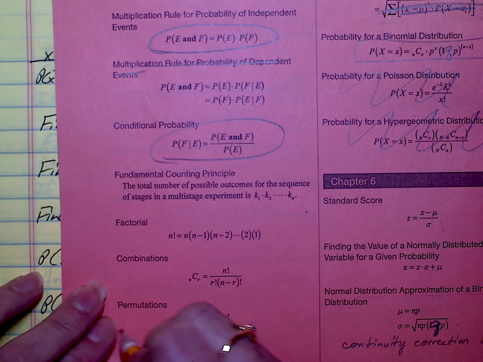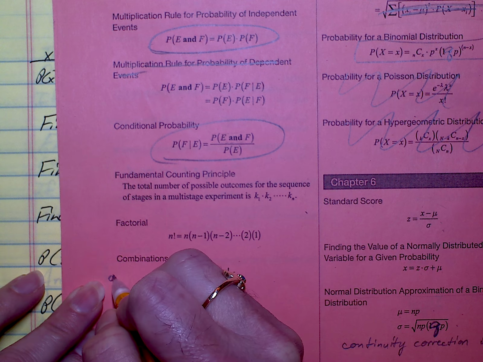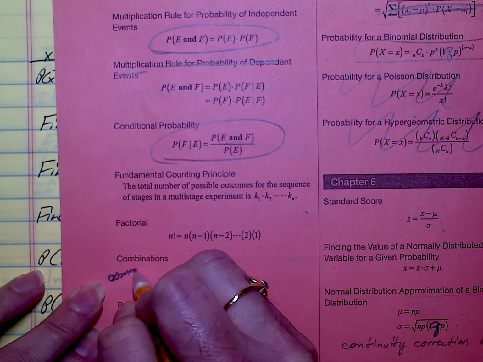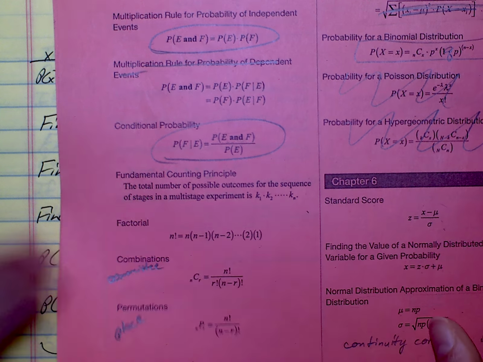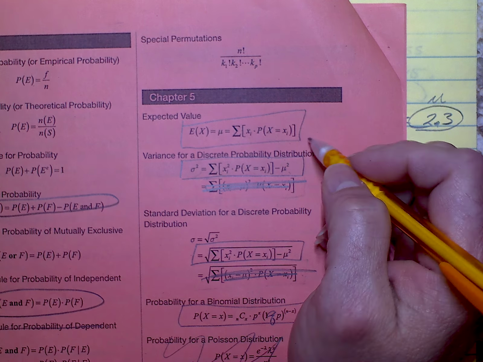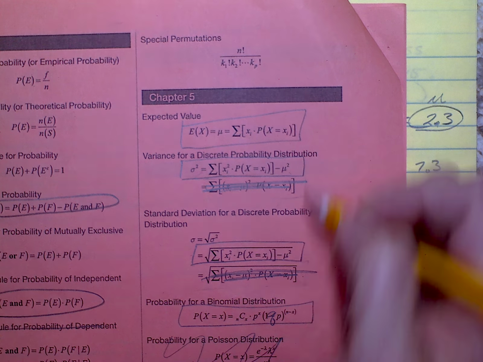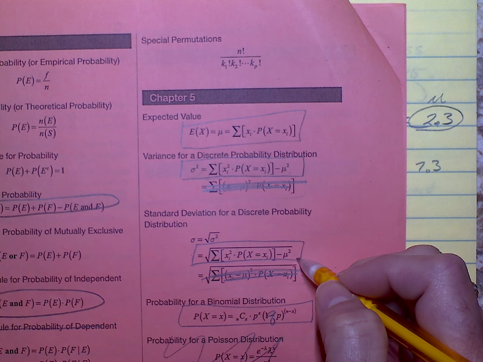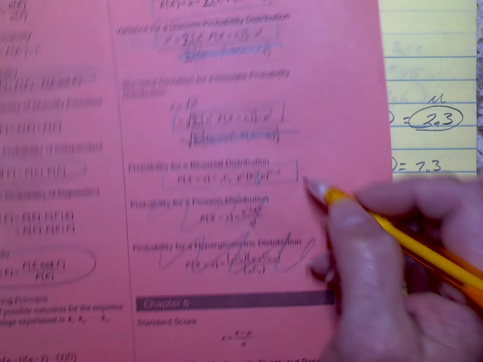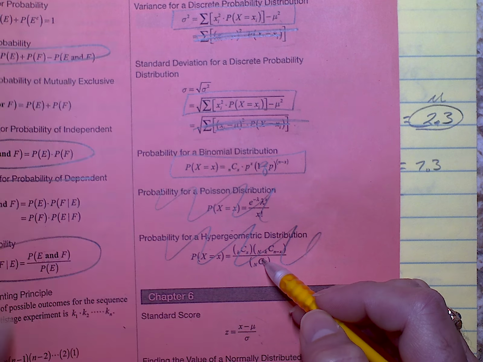Combinations and permutations, remember this is place in a position and this is making a committee. Okay, we didn't do special ones. Expected value and variance and standard deviation, use the right one. Binomial, cross out Poisson and hypergeometric. We used to teach those back in the day.